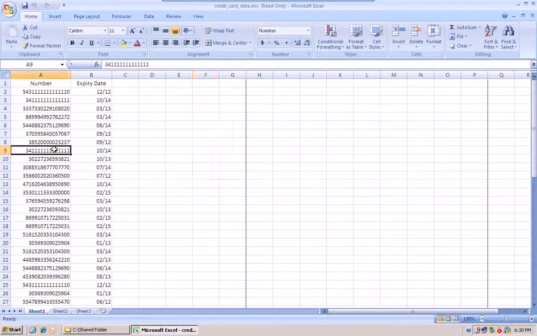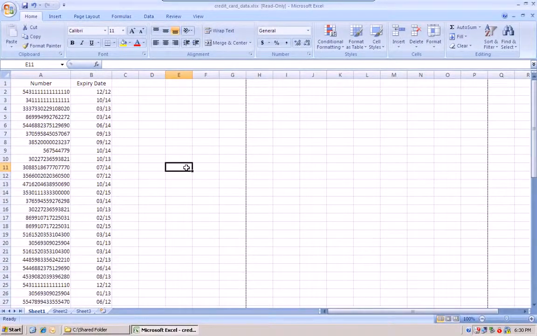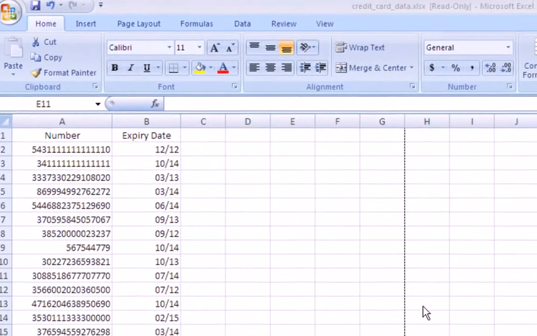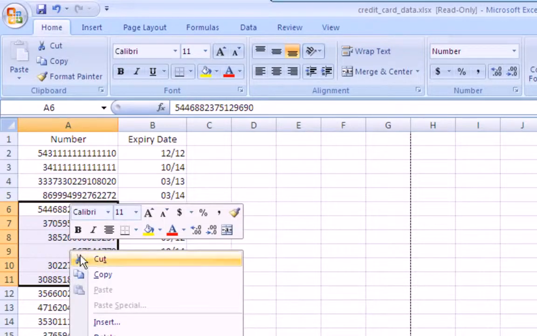But if I try to edit the document, let's try and put some other credit card number in this document and then save it. When this user tries to save the document, he gets a message saying that this user is prevented from editing the document. Let's also try and copy paste content out of this document.